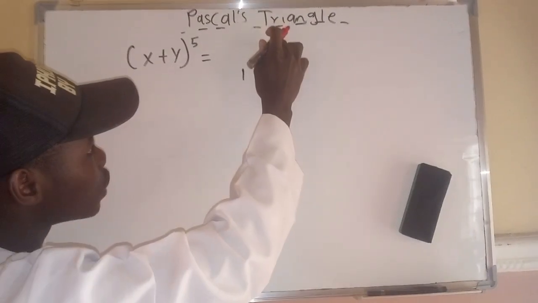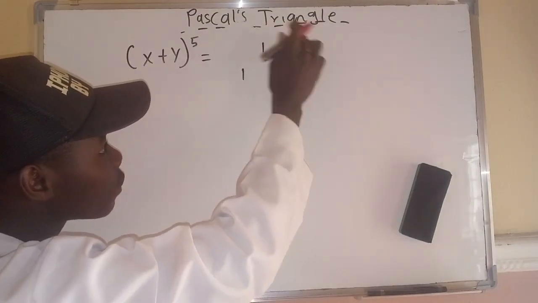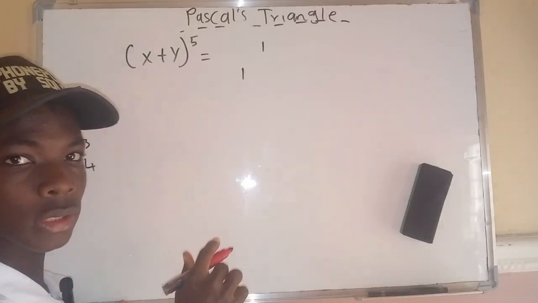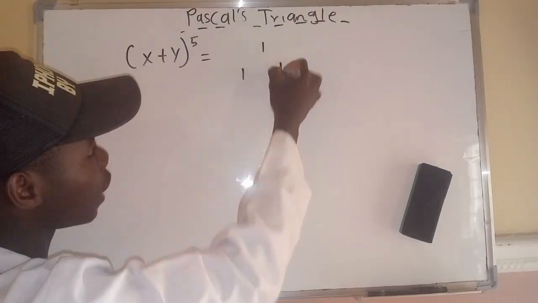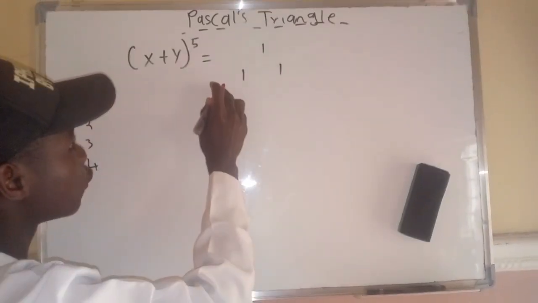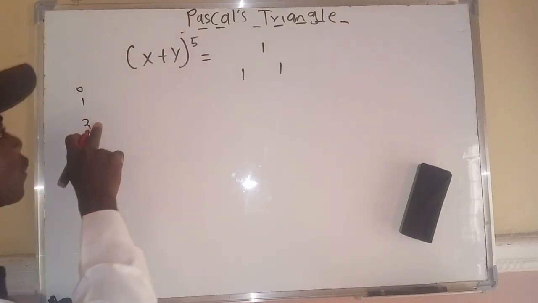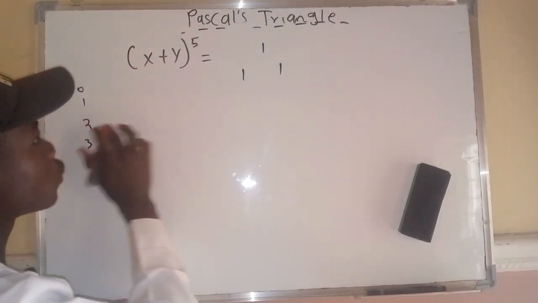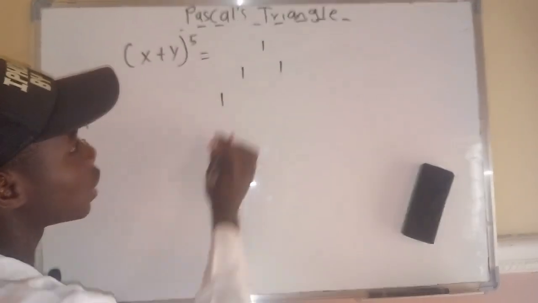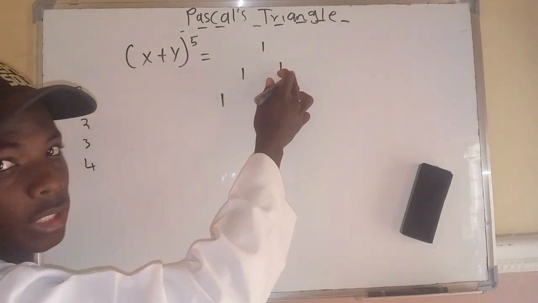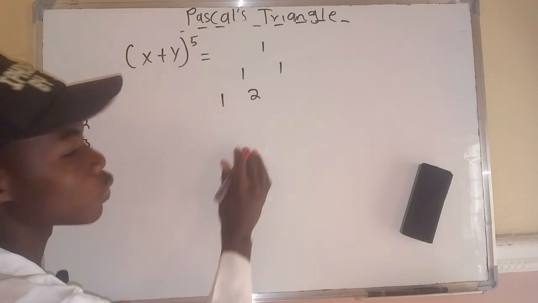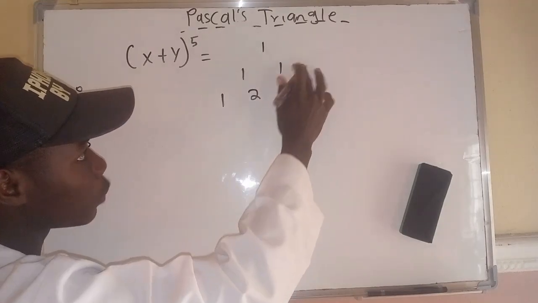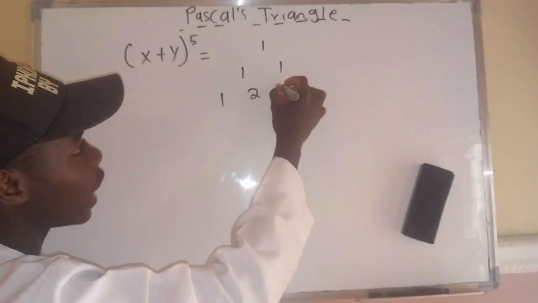And 1 plus 0 is also 1, so I have 1. For the second row, here is for 0, and here is for 1. For 2, I will have my constant, which is 1, and then 1 plus 1, which is 2. And 1 plus 0, because there is no number here, I will have 1.